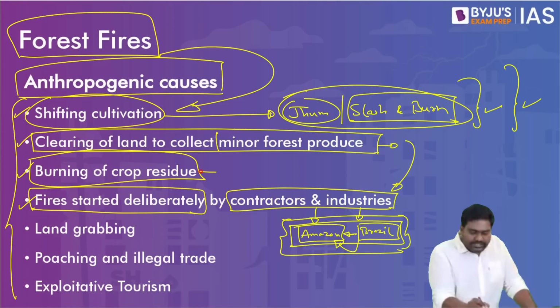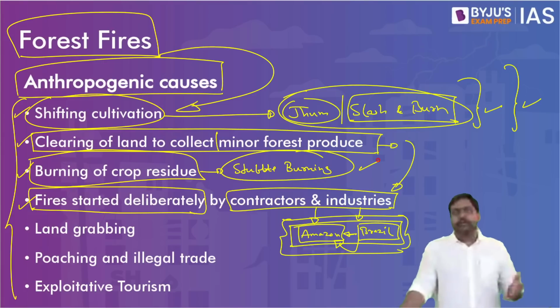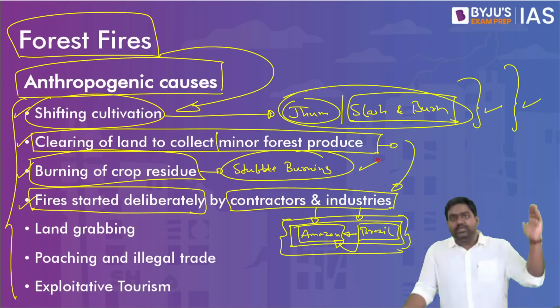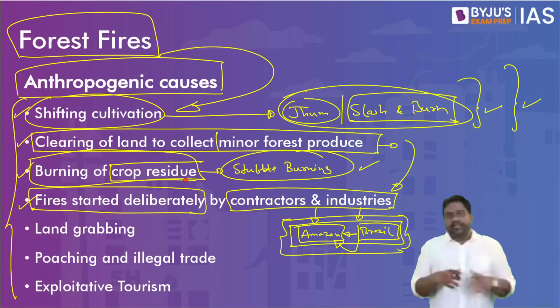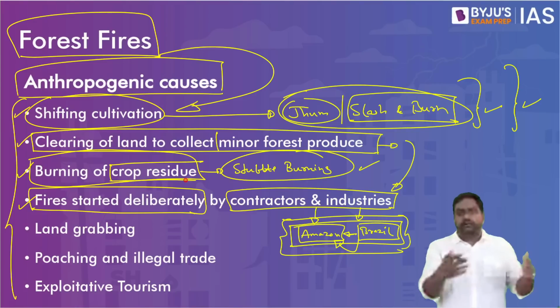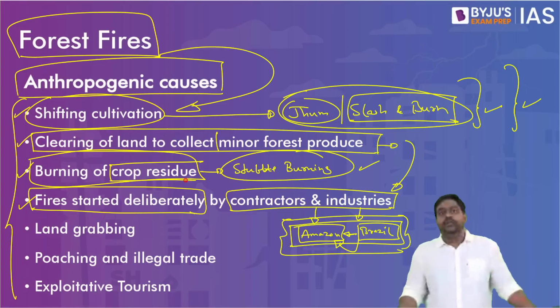Stubble burning is also a major concern. The practice of burning the crop residue, because farmers find it difficult to clear the residue which is left behind, the crop stubble which is left after the harvest. So they set fire to the entire field to clear the crop residue. Now, this fire could easily spread, and the nearby trees and forests could catch fire, and it could further spread uncontrollably.